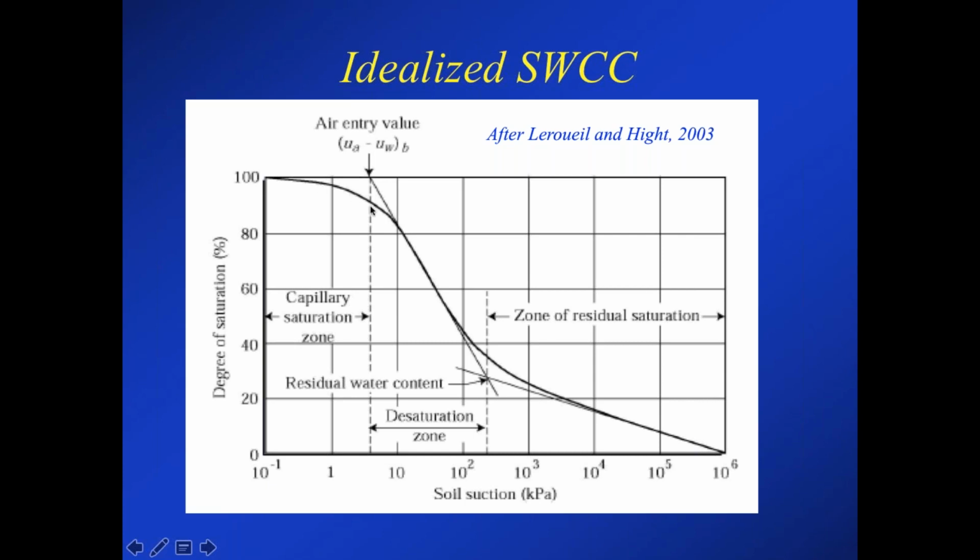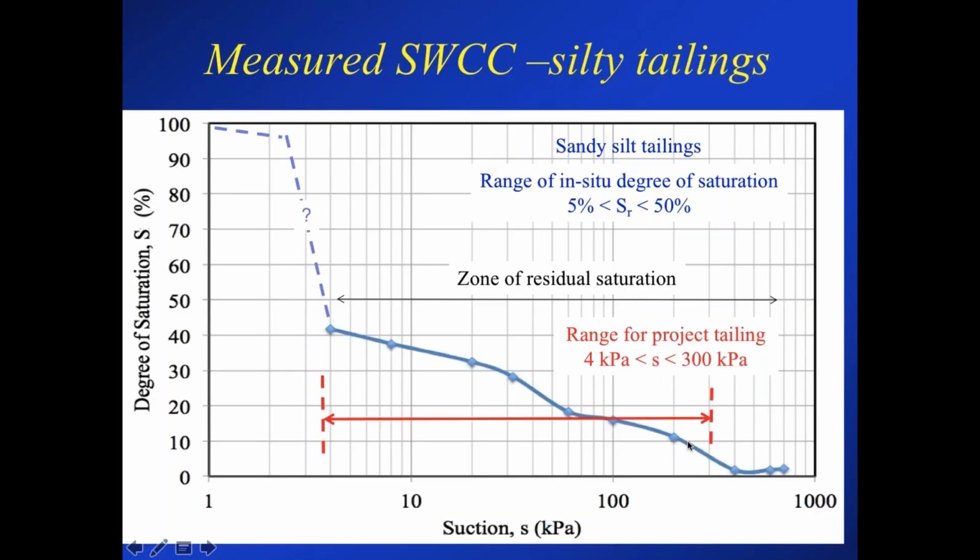Of course, it's slightly curved in the capillary saturation zone. Then as suction increases, the degree of saturation will decrease quite rapidly. Then you get into this zone of residual saturation, and there's this residual water content. At residual saturation, it declines at a slightly lower rate.